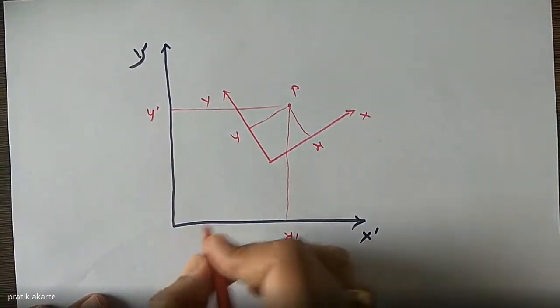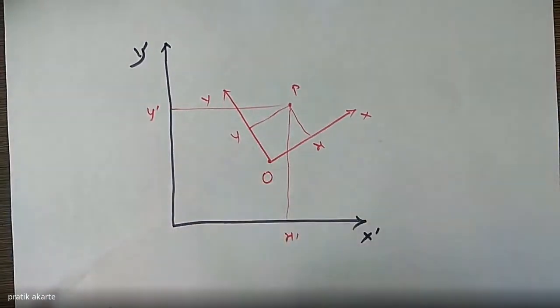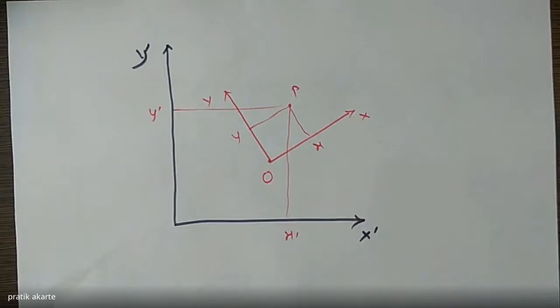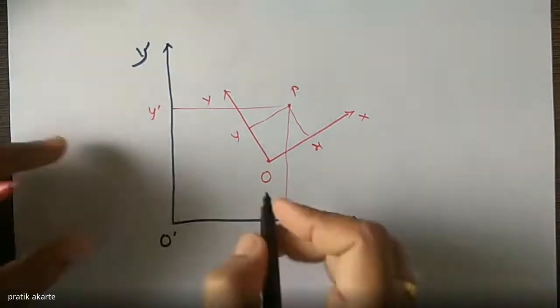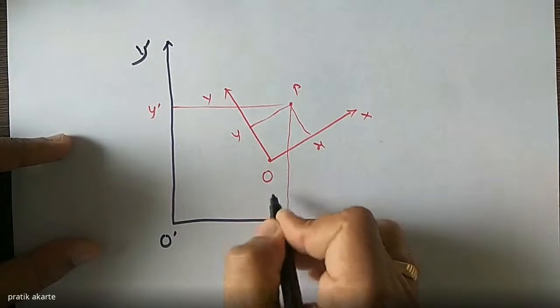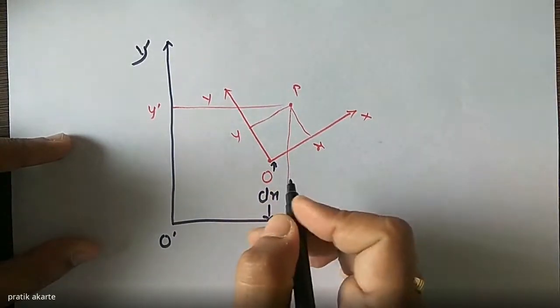Okay, this is the origin of the original coordinate system, and O dash is the origin for the new coordinate system, and the distances are dx. This distance is dx.